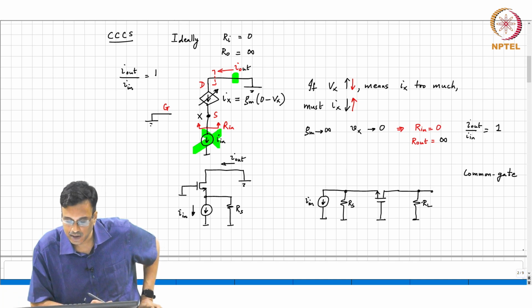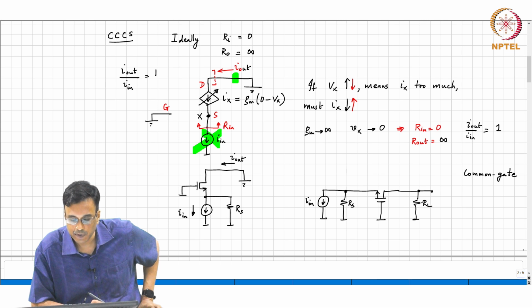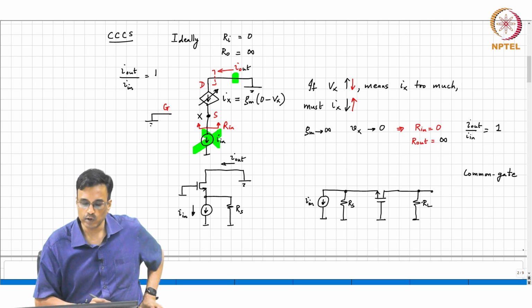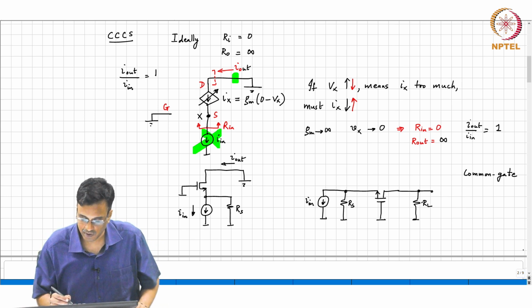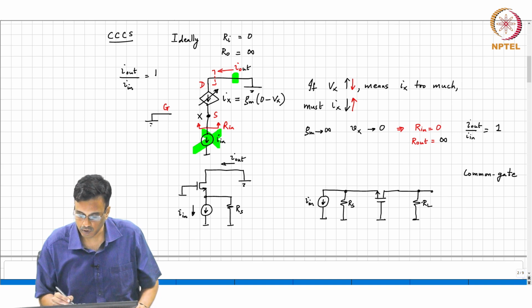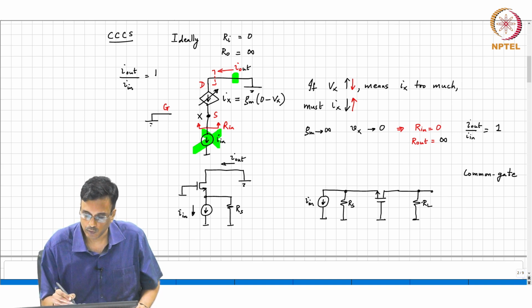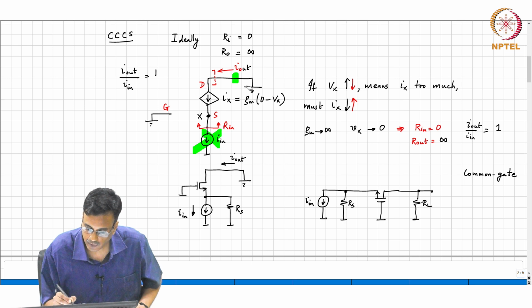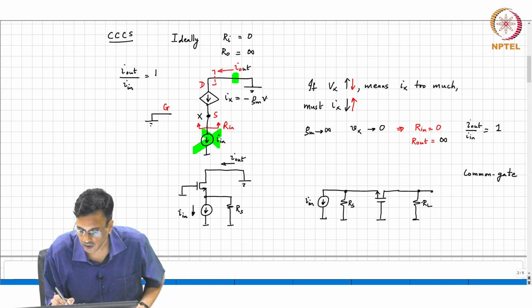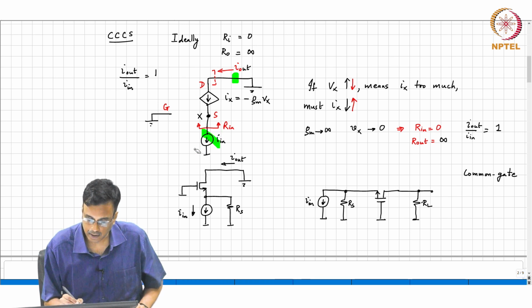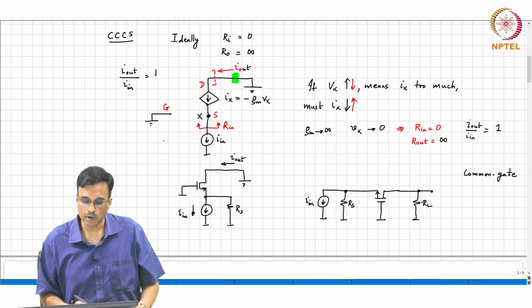Of course, before we go there, we must figure out what happens when the transistor's gm is finite, right? What do we do? We've done this multiple times before. Well, Ix is nothing but minus gm times Vx, and so what comment can we make about Rin?